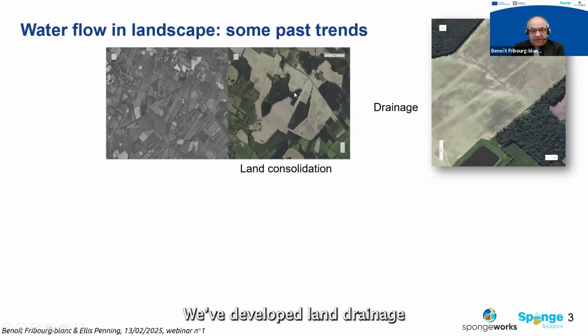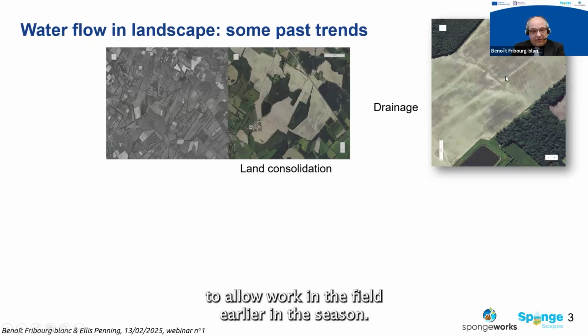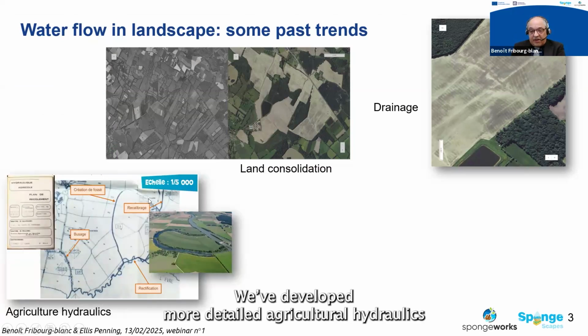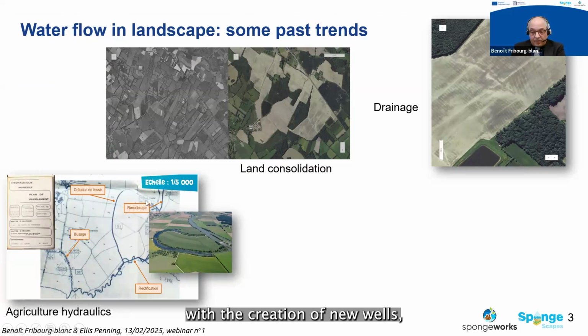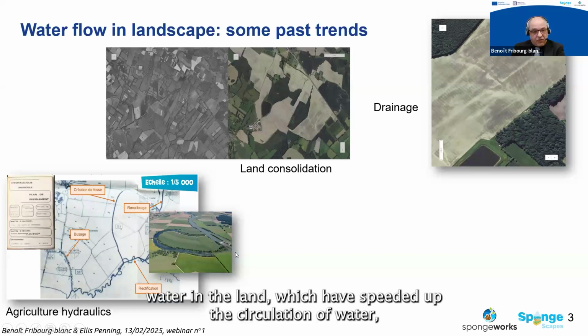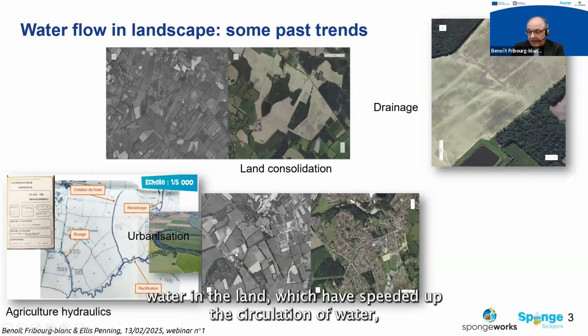We have had drainage of the land to allow entering the fields earlier in the season. We have had more detailed agricultural hydraulics, with the creation of new weirs, etc., which have also simplified the circulation of water in the land to speed it up.